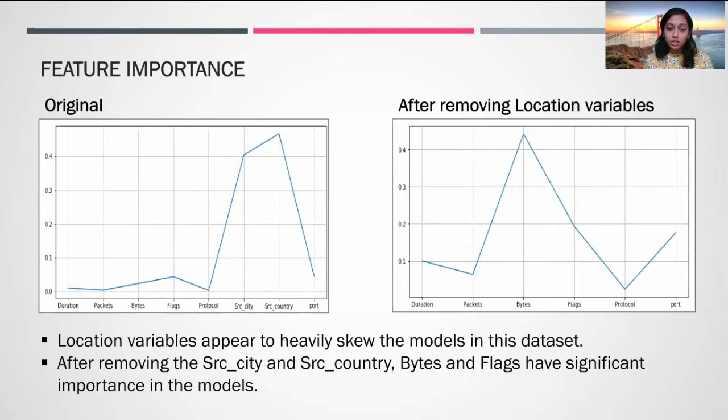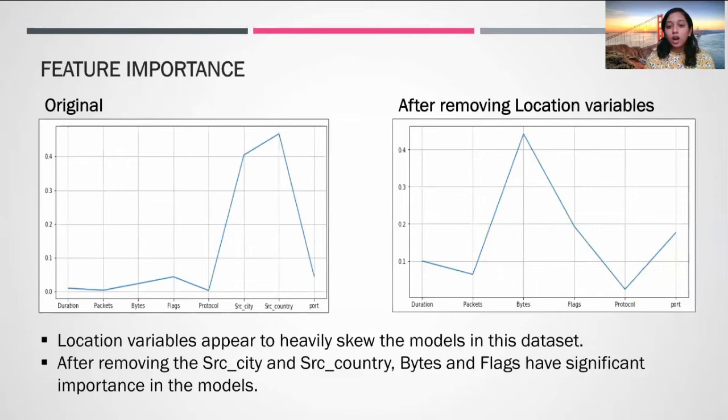And before we move into any of our models, it is very important to note that our dataset is heavily skewed because of the location variables. This is clearly seen using the feature scores that we obtain. You can see on the graph that the source city and source country have significantly higher feature importance than the rest of the variables. And this could be a problem in our models.